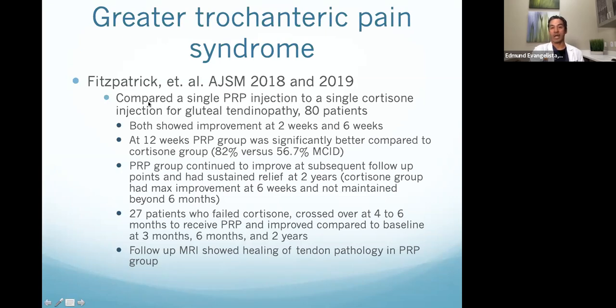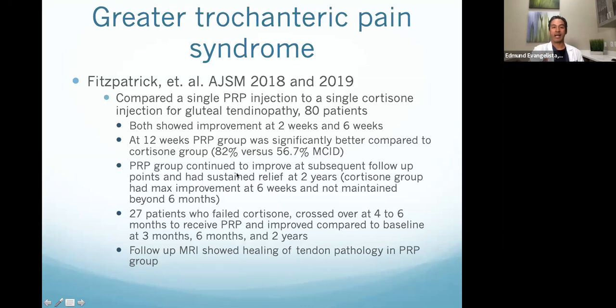And the patients were randomized to receive either one of those treatments. They found that both groups of patients showed improvement at 2 weeks and 6 weeks. However, at 12 weeks, the PRP group was significantly better than the cortisone group. So 82% of the PRP group versus 56.7% of the cortisone group achieved MCID, which is minimally clinically important difference.